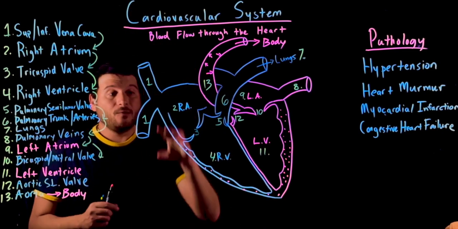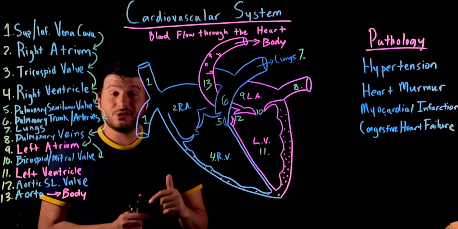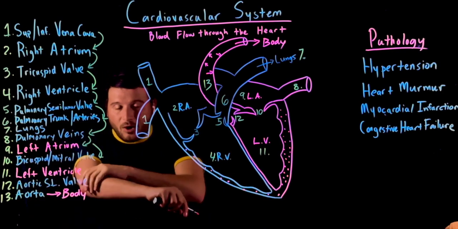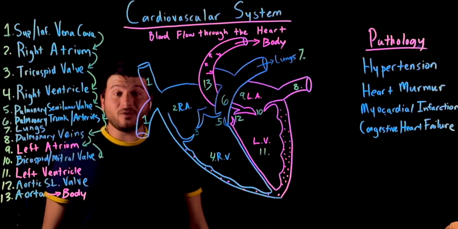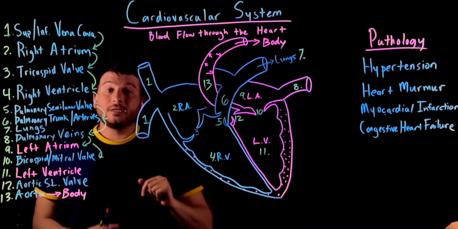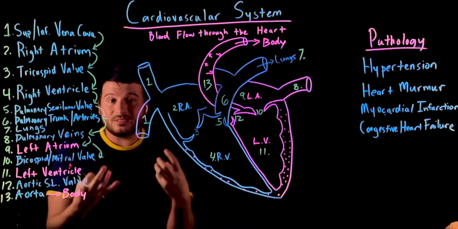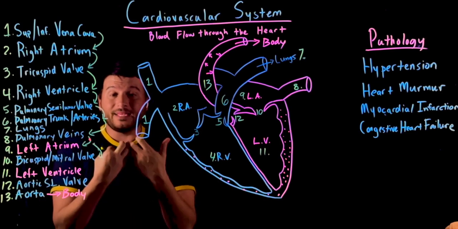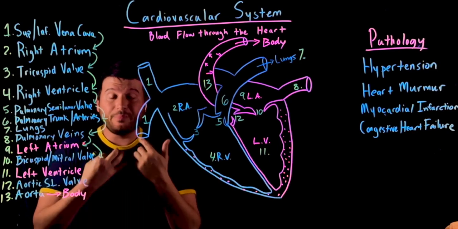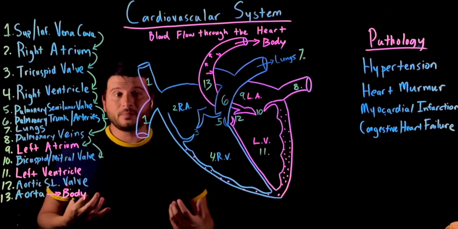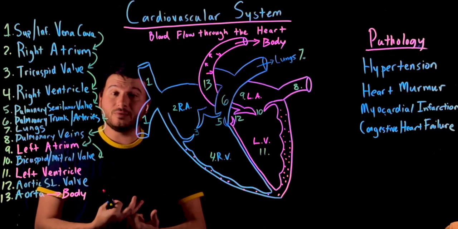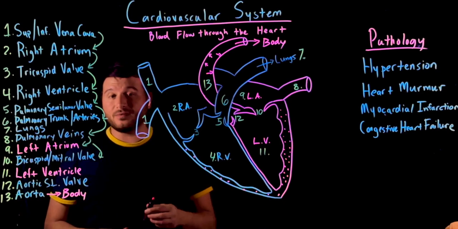And that's why right-sided congestive heart failure leads to swelling in the arms and especially in the ankles, because that congestion causes the blood to leak out of capillaries into the tissues, right? So we get this congestion and buildup of fluid in the body. So swelling in your tissues can be a sign of congestive heart failure.